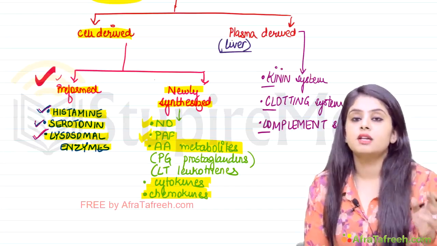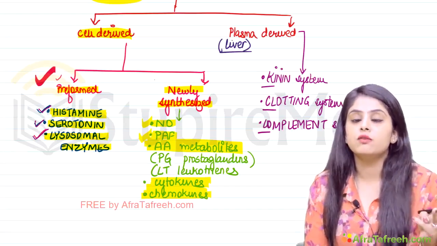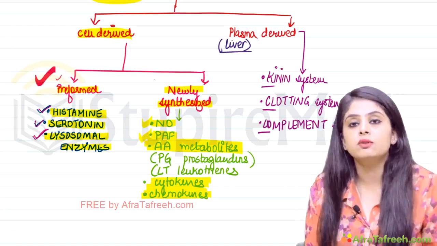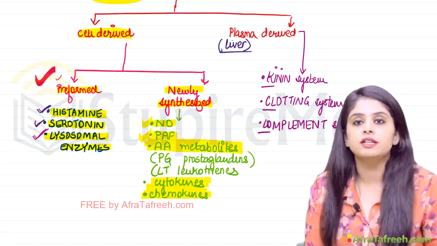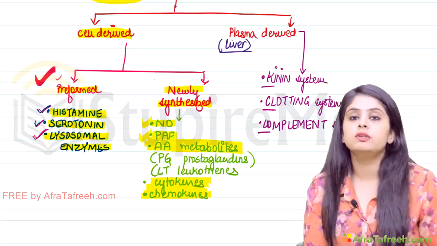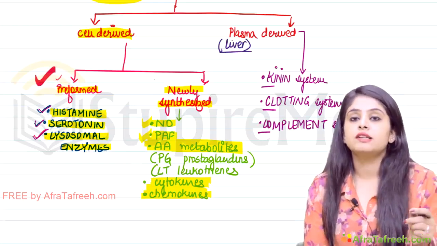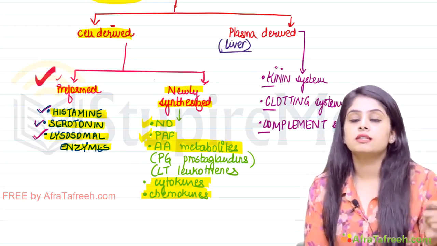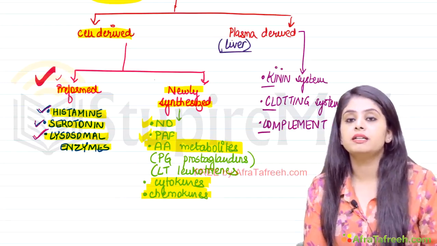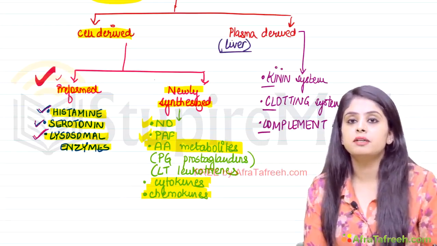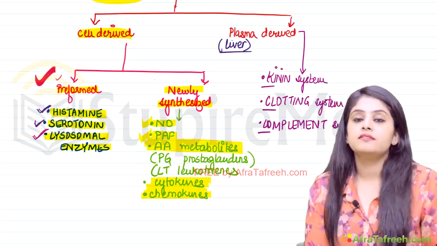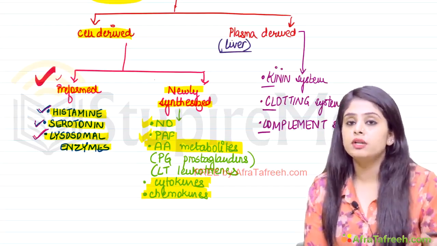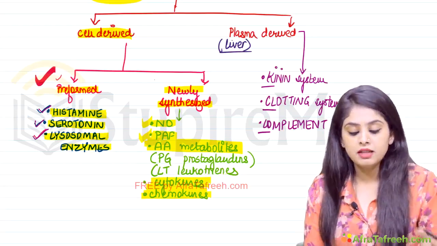Lysosomal enzymes were coming from three types of granules, of which MPO comes from which granule? The primary azurophilic granule. Coming to newly synthesized, nitric oxide had a very important action, that is vasodilation mediated by cyclic GMP. Platelet activating factor is one of the most potent mediators that we had.